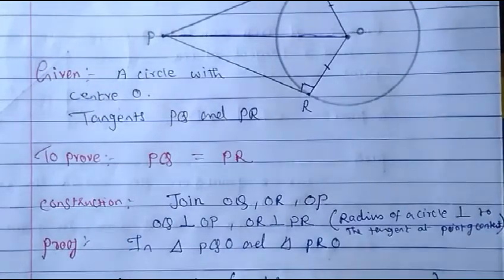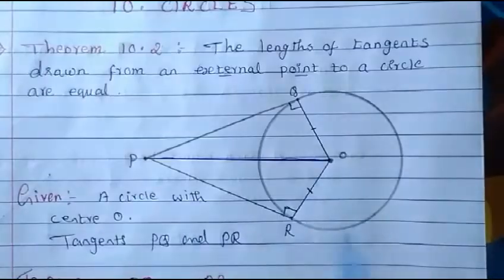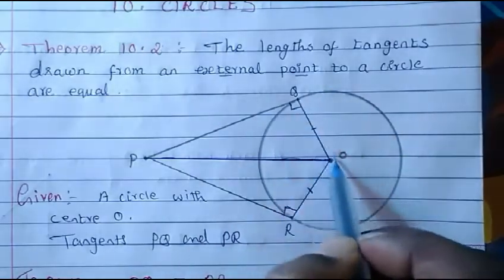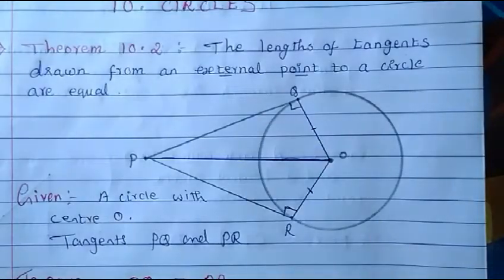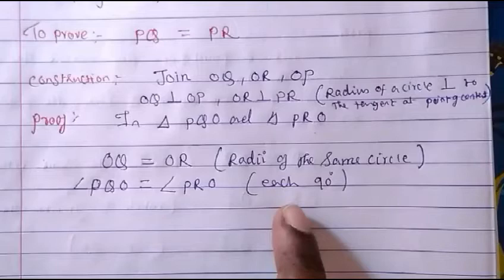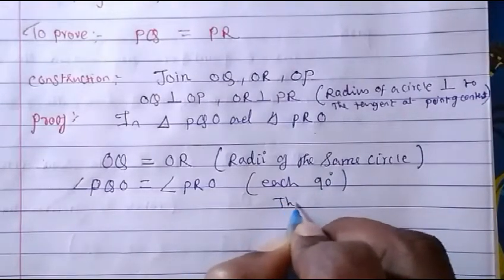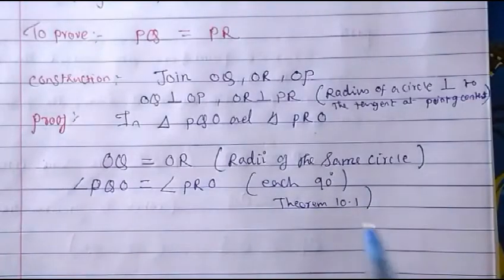This you can mention there, or in the proof you can mention that OQ is perpendicular to PQ because the radius is perpendicular to the tangent at the point of contact, as studied in theorem 10.1. Or else you can give the reason here also: each 90 degrees because of theorem 10.1.